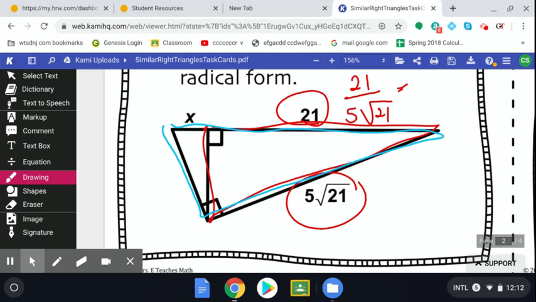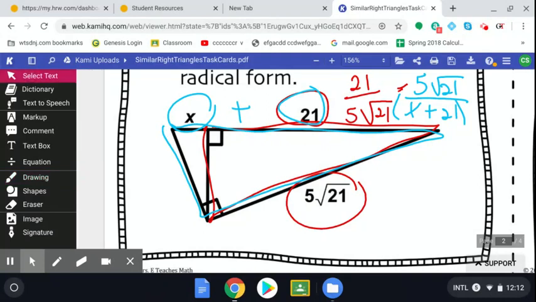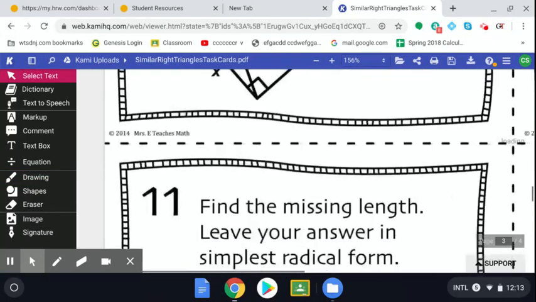Now I'm going to do longer leg, which is 5 square root 21, over the hypotenuse, which in this case should be this plus that, x plus 21. Make sure you distribute, cross multiply, and solve. All right.